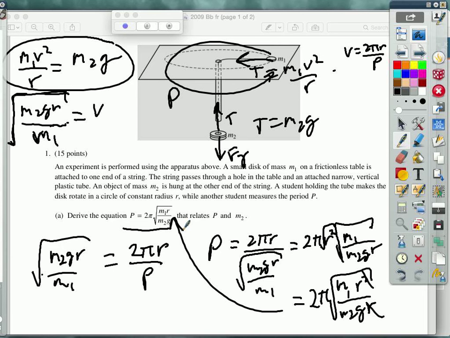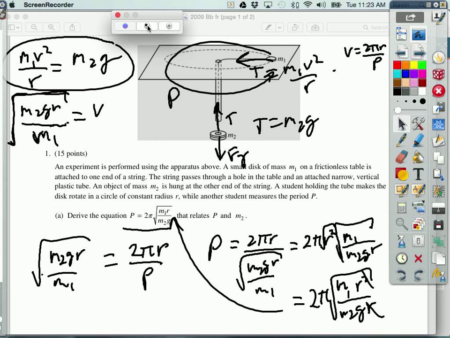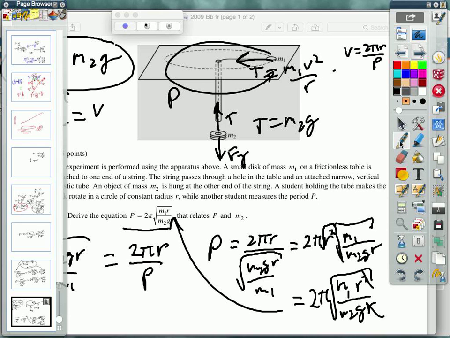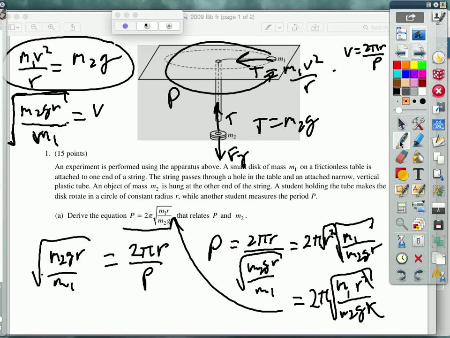Okay, questions? So as Gracie mentioned, instead of M V squared over R, you could use T equals M omega squared R if you wanted to, right? And then omega is just 2 pi over P. You don't have to put the R there.